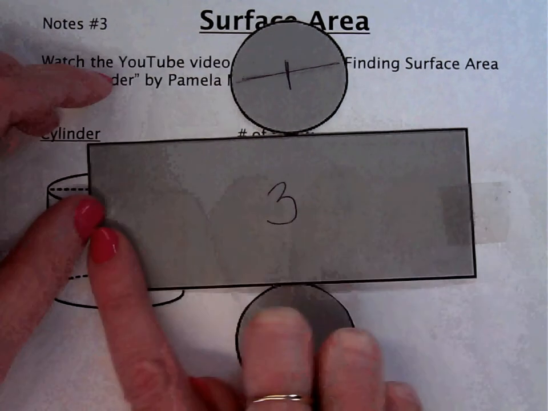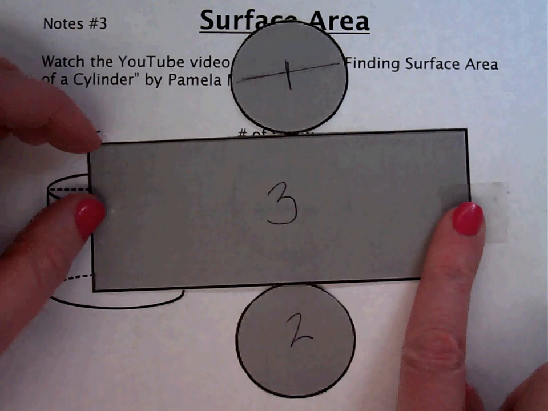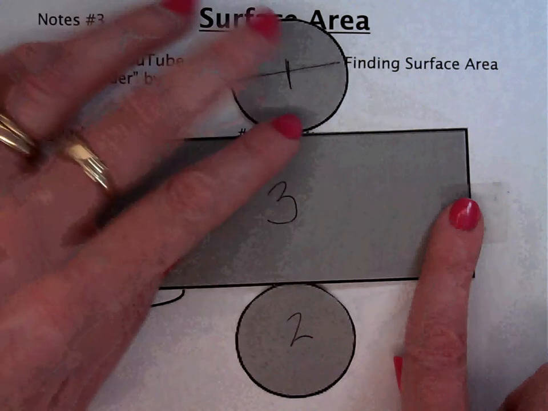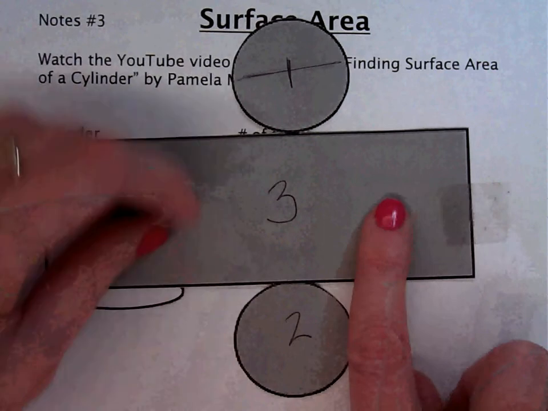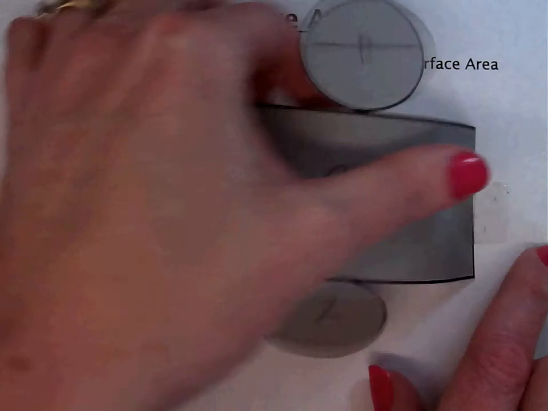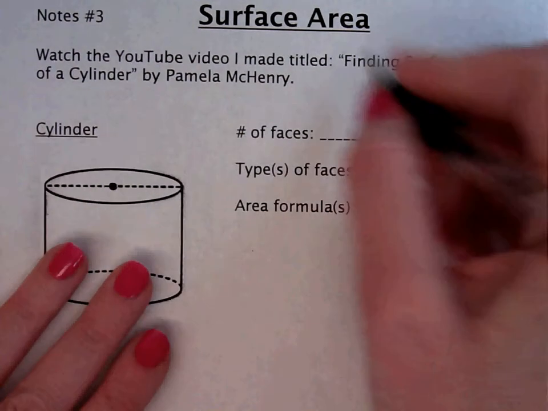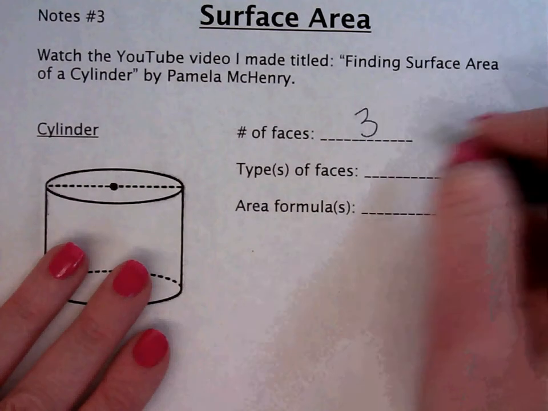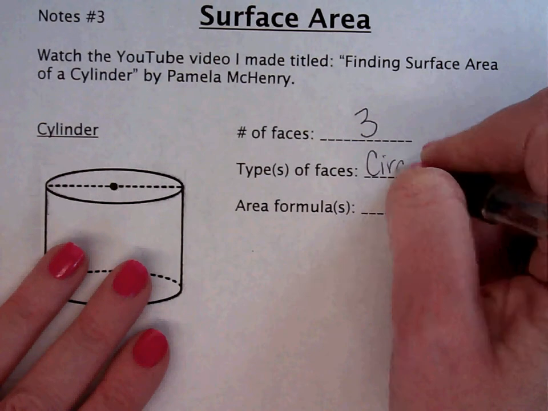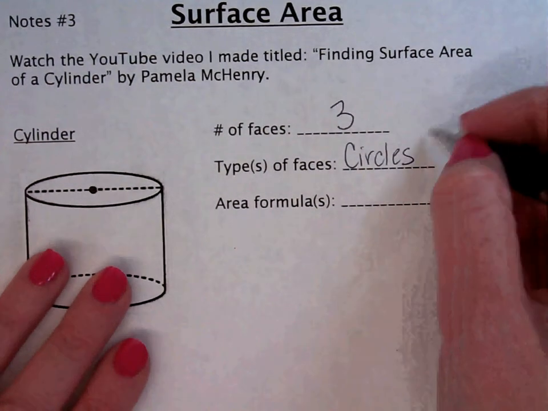It opens up to a parallelogram or a rectangle. So our three different faces are two circles and a rectangle. And so we're going to write that down right here on our note sheet. Three faces, circles, and rectangle.